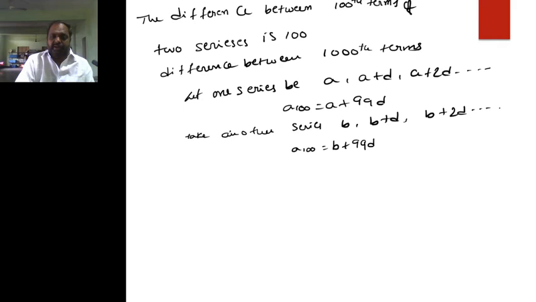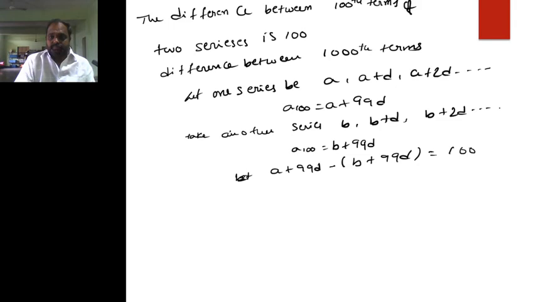So A plus 99D minus B plus 99D is equal to 100. It is given. A plus 99D minus B minus 99D, because minus into plus is minus, is equal to 100. 99D, 99D cancel. A minus B value is 100.